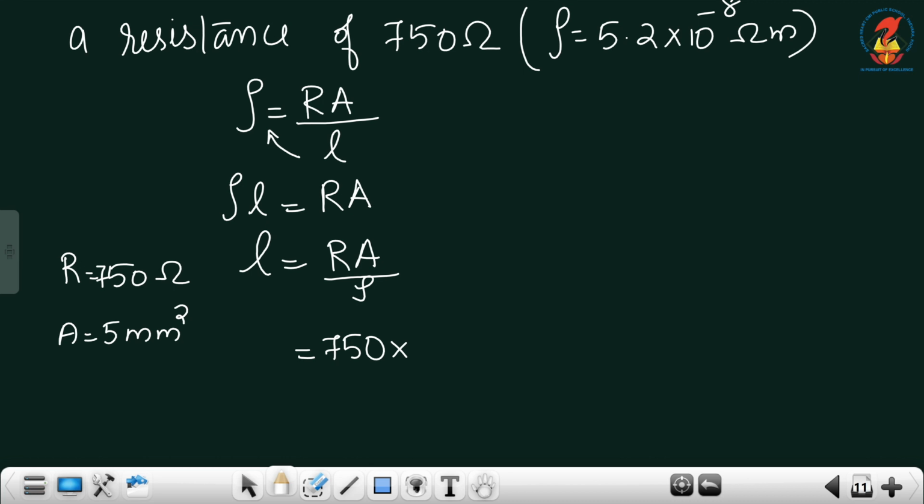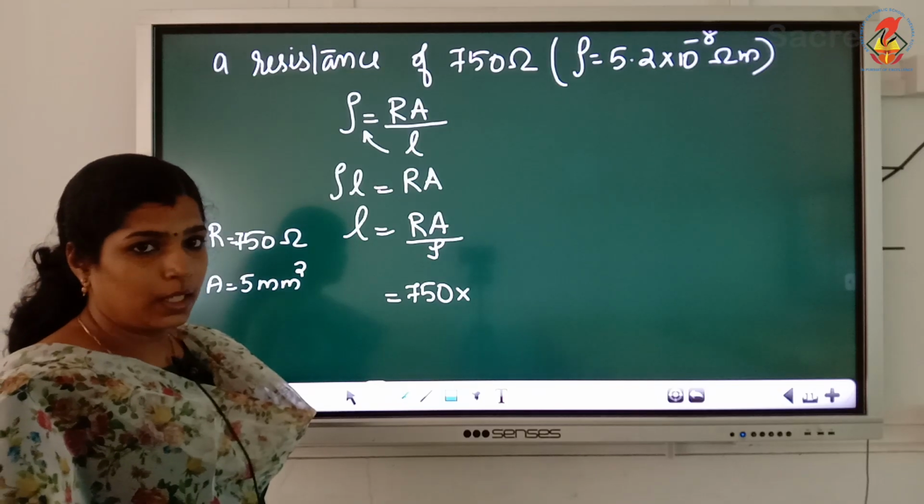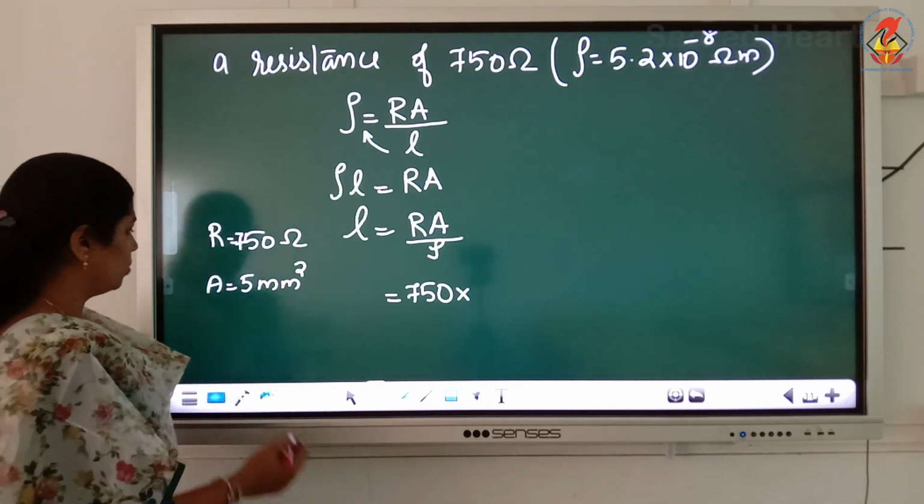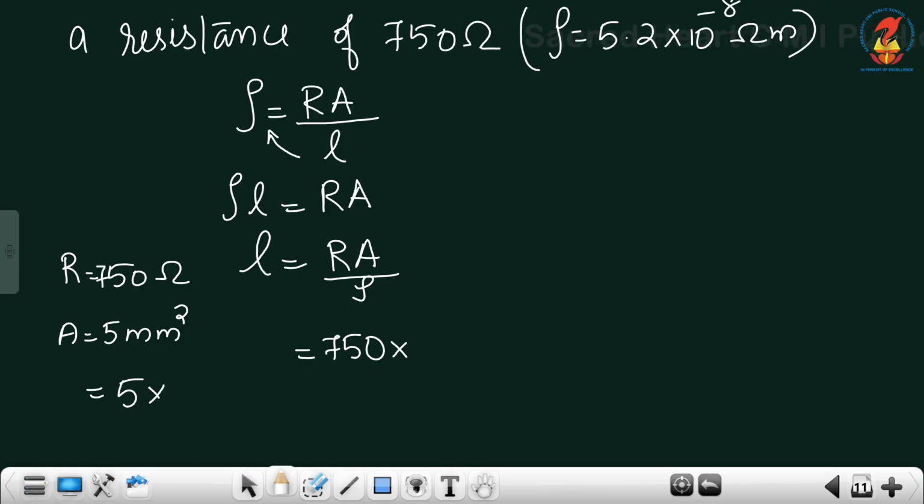How will you convert it into meter square? 10 raised to minus 3. So 5 into 10 raised to minus 3 meter square.